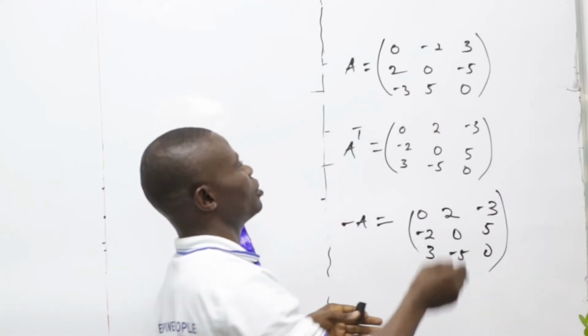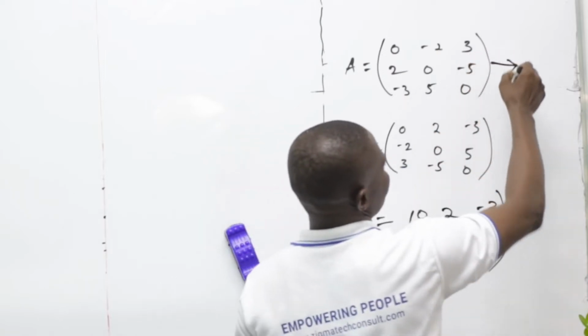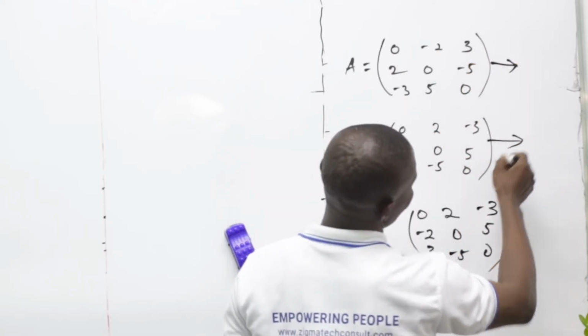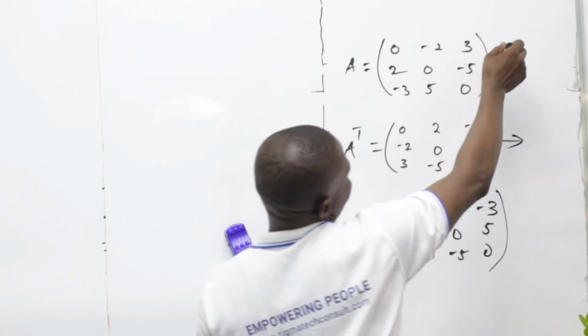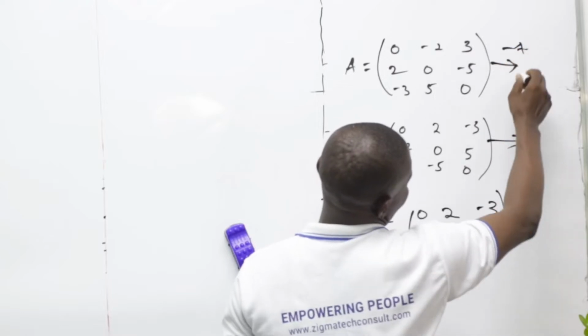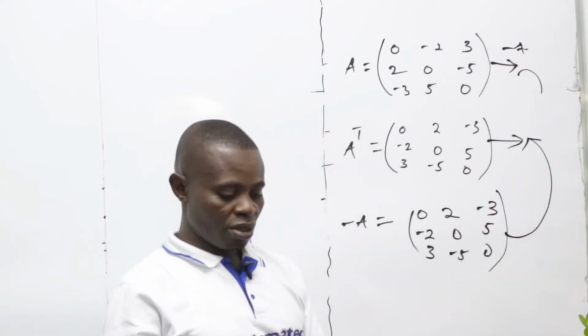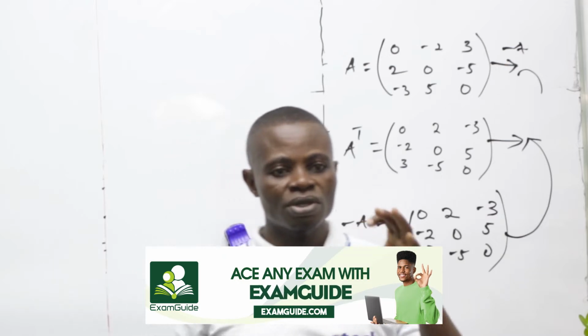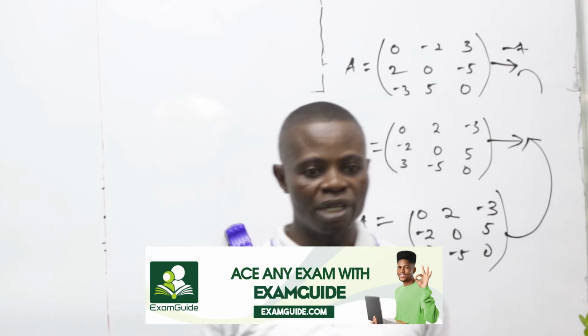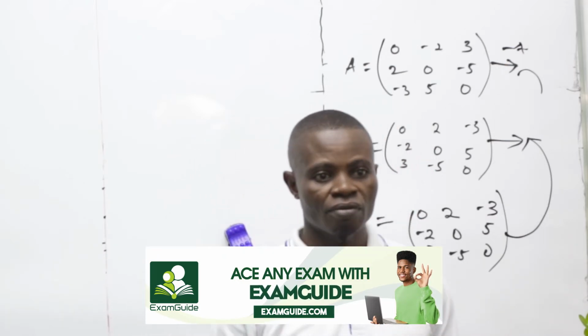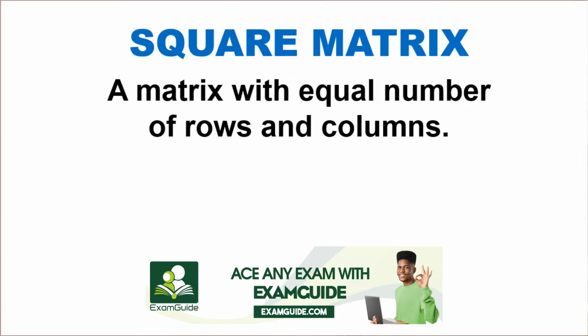Now look at the original matrix here, and its transpose. Now the minus of the original matrix equals the transpose of the matrix. You now call it a skew symmetric matrix. We have the one we call the square matrix.